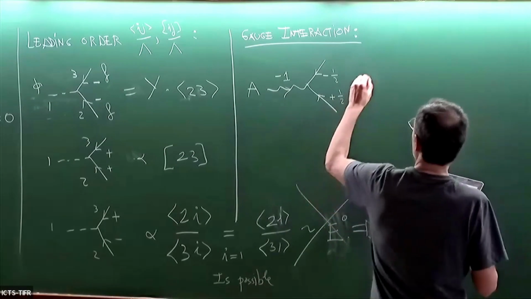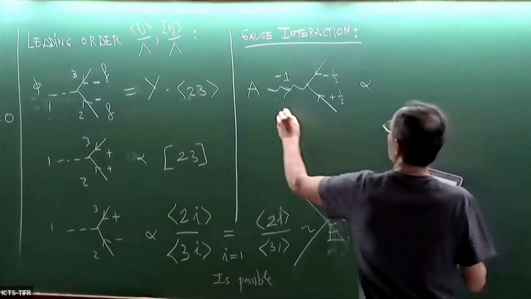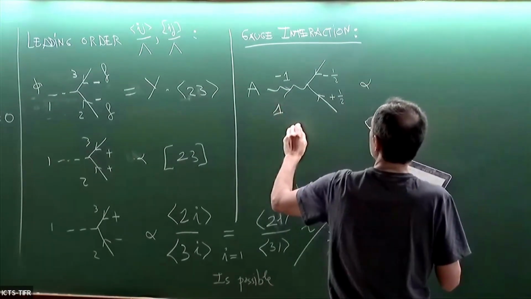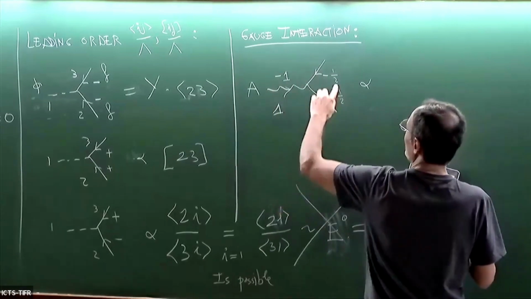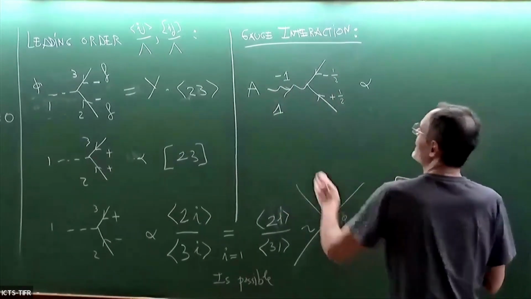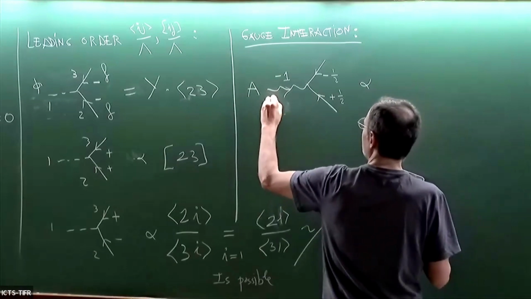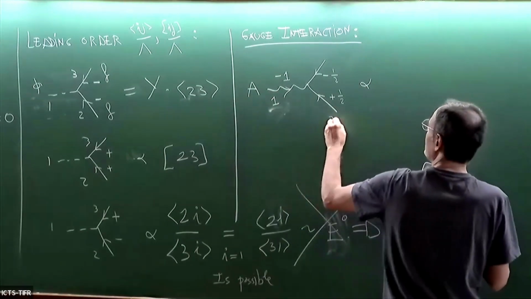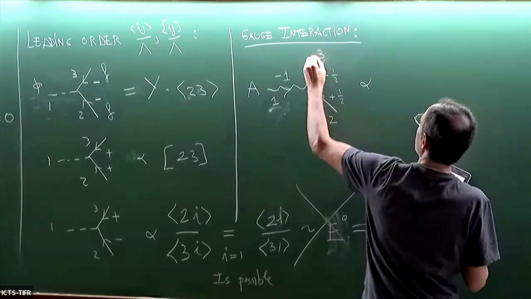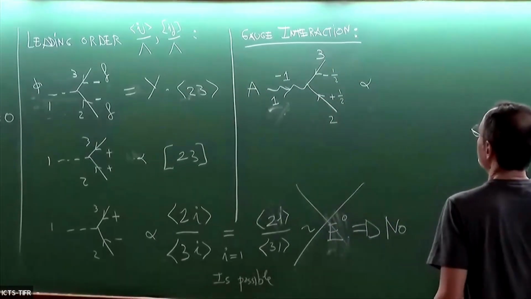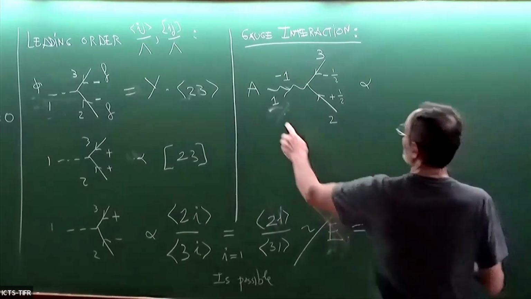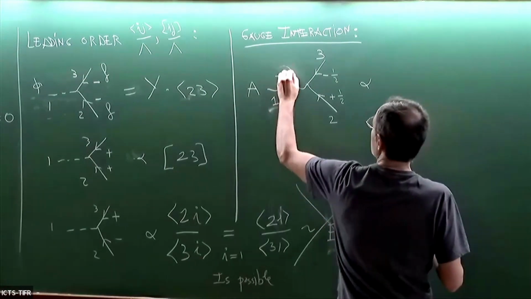And now again, the rules tell me it should be proportional. Again, this is particle 1. I don't want to put the 1 and minus, too many numbers here, because I also have to label the particles. This is particle 1, this is particle 2, and this is particle 3. And now this is helicity -1.